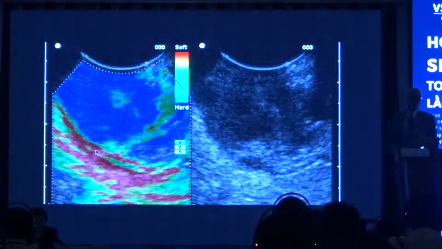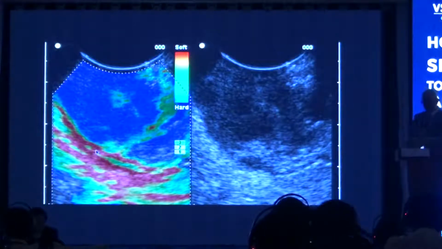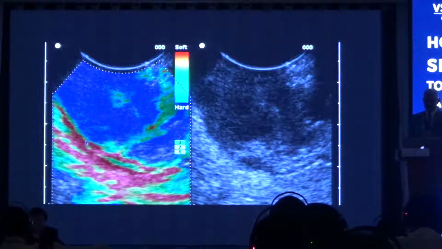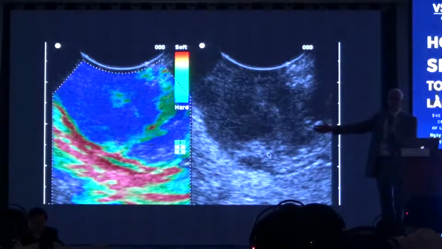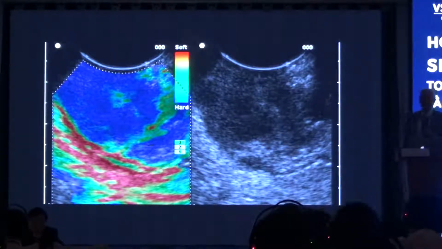To my experience, but there are no good studies, this is endoscopic ultrasound, that you have a B-mode image and you do not know if it's beyond the intestinal wall or within the intestinal wall.